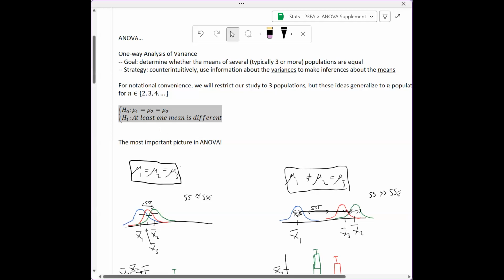So it could be that mu1 is different, but mu2 and mu3 are the same, or mu2 is different, mu1 and mu3 are the same, mu3 is different, mu1 and mu2 are the same, or that all 3 are different. There are lots of situations that could pop up as the alternative hypothesis, but the null is that all the means are the same.